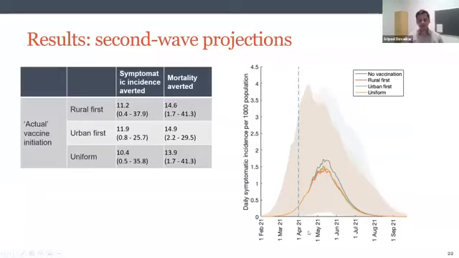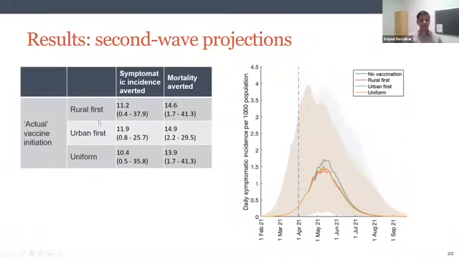if you think about it, vaccination was roughly opened for the general population around the time of April. And so if one were to implement these strategies with vaccination beginning around 1st of April, then what would the reduction in incidence and mortality be under each of these different vaccination strategies?